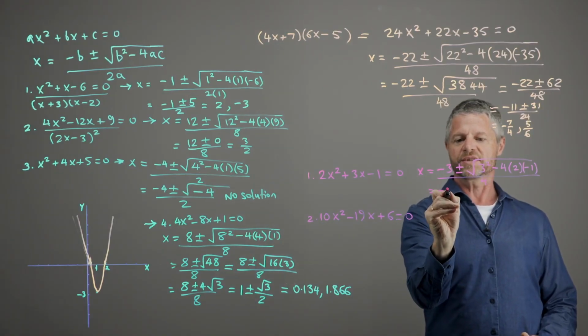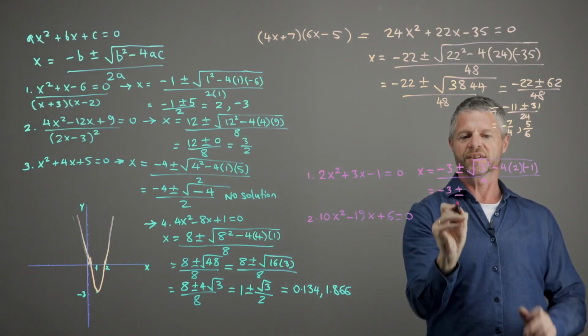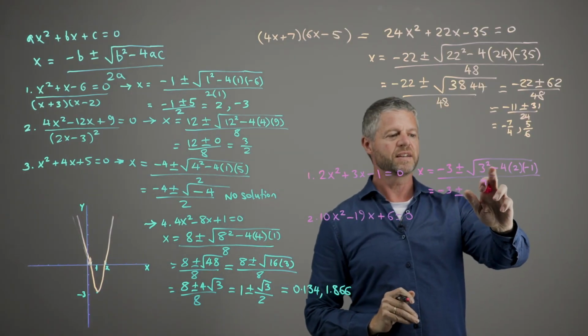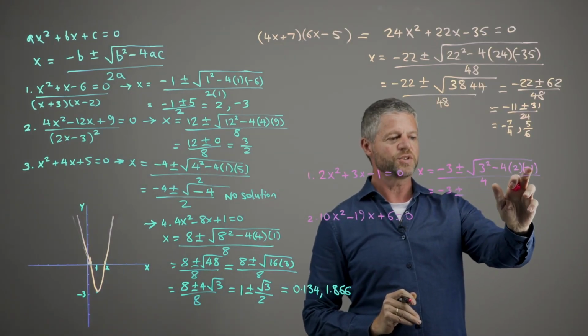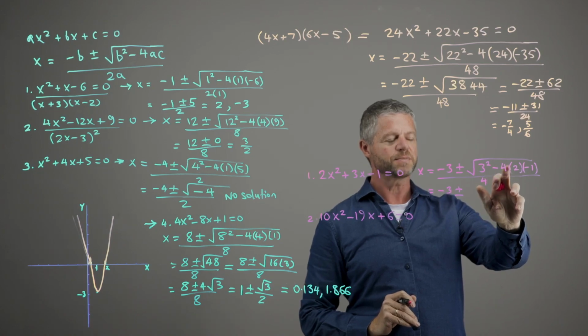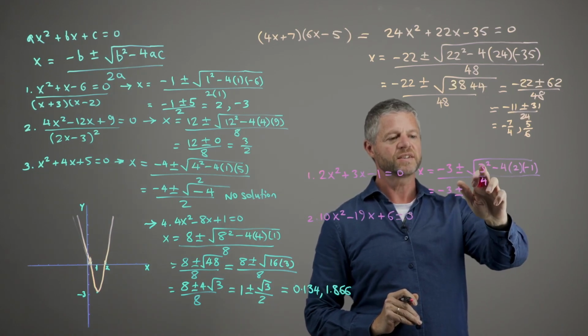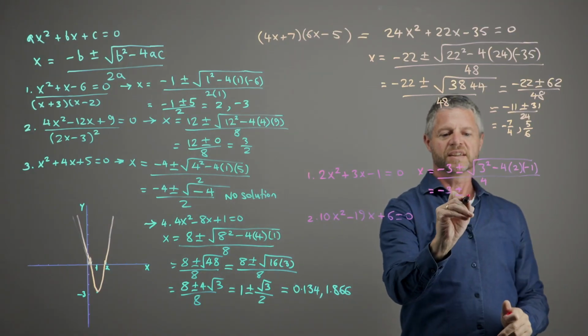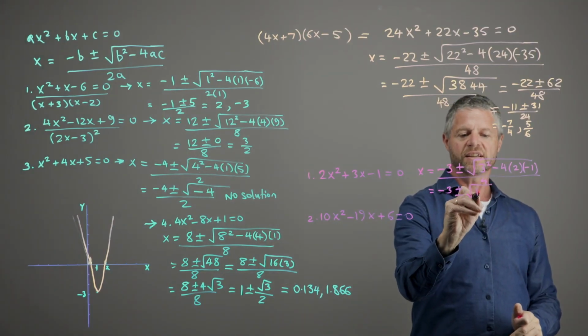So I have minus 3 plus or minus, so I have 9 minus 4 times 2 times minus 1, which is minus 8. Minus minus 8 will be plus 8. So 9 plus 8 is 17.